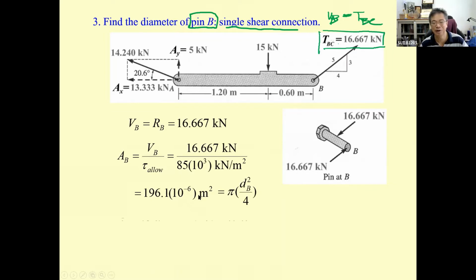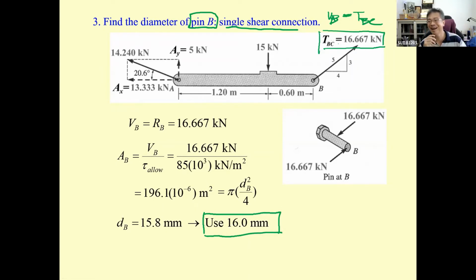And then you do the computation again. You get D sub B of 15.8 millimeter. You use the bigger one to make it a little bit safer. Simple, right? Design, that is simple.